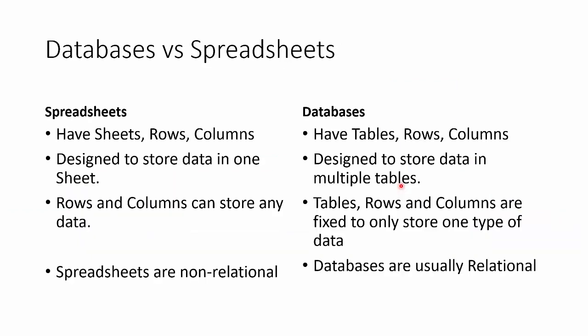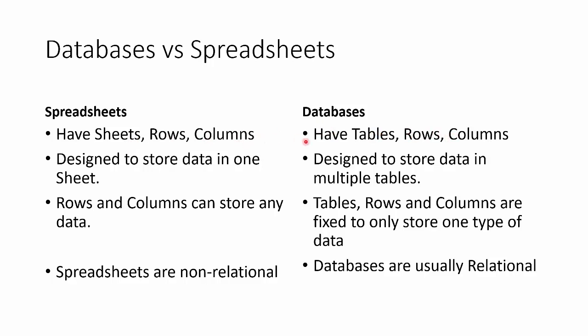So when you were looking at that table, you might have been thinking to yourself, hang on a second, that looks a little bit like a spreadsheet. What's the difference? Okay, so spreadsheets have worksheets, sometimes called sheets. They have rows and they have columns, whereas databases have tables, rows, and columns.